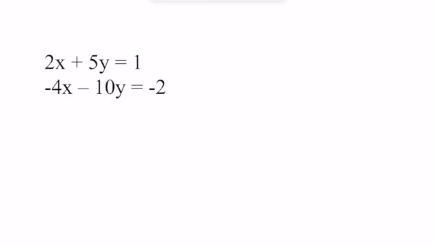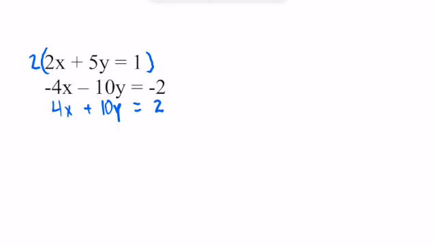We have 2x on the top equation, negative 4x on the bottom equation. We could get opposites for the x's by multiplying everything in our top equation by 2. When we multiply that by 2, we would have 4x plus 10y equals 2.